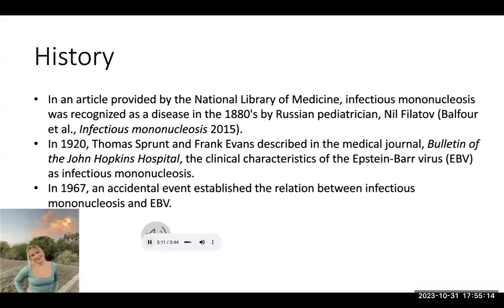Her rubella antibodies were negative, but her heterophile antibody test, which had been established as the laboratory method of choice to diagnose infectious mononucleosis, was positive. Her lymphocytes now grew in culture and were positive for EBV antigens. She also had EBV-specific antibodies, which was the crucial clue that EBV was responsible for a common acute infectious disease. And this will lead us to the cause of infectious mononucleosis in the next slide.